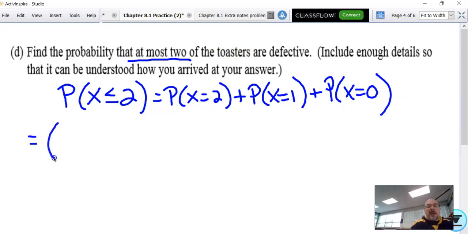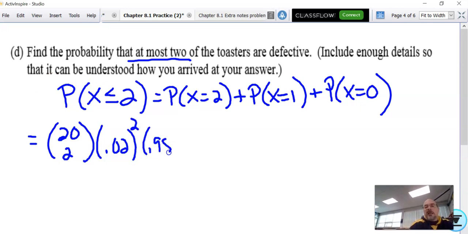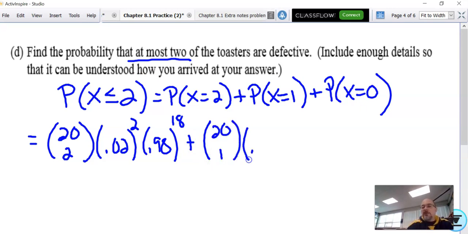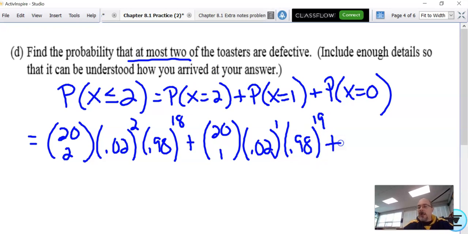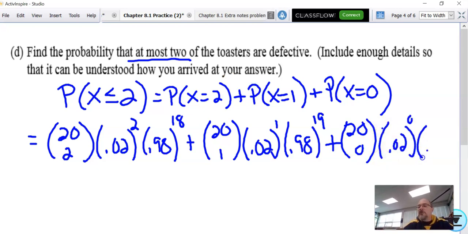Okay, so what does that look like? That looks like this. 20 choose 2 times 0.02 squared times 0.98 to the 18th power, plus 20 choose 1 times 0.02 to the first power times 0.98 to the 19th power, plus 20 choose 0 times 0.02 to the 0 power times 0.98 to the 20th power.